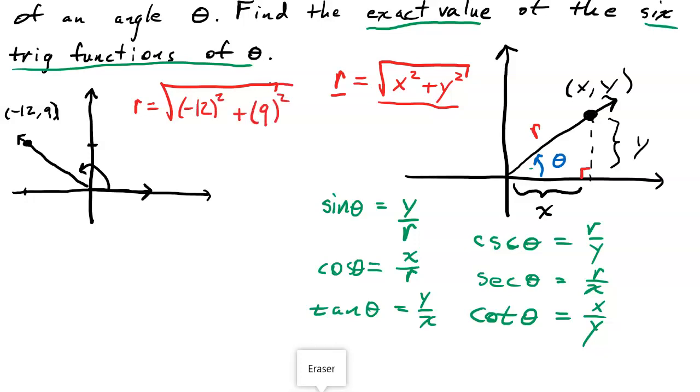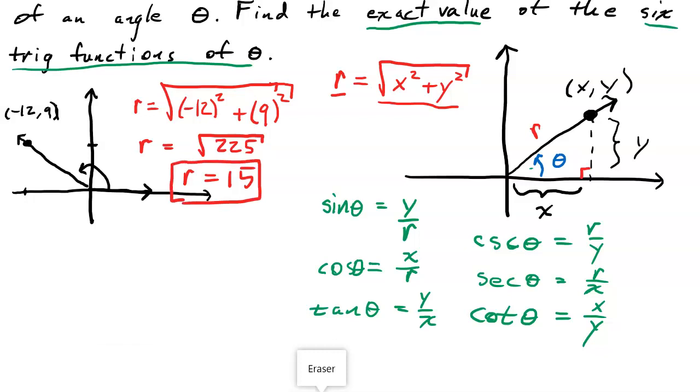When you do this, you get r is equal to the square root of 225, which means that r is equal to 15.